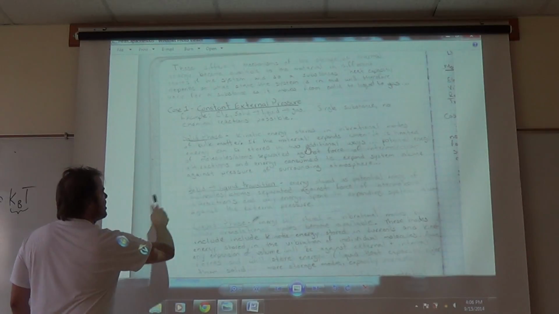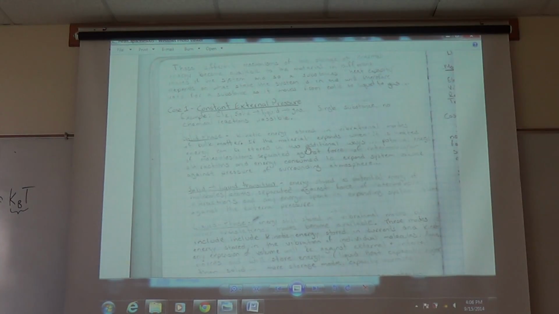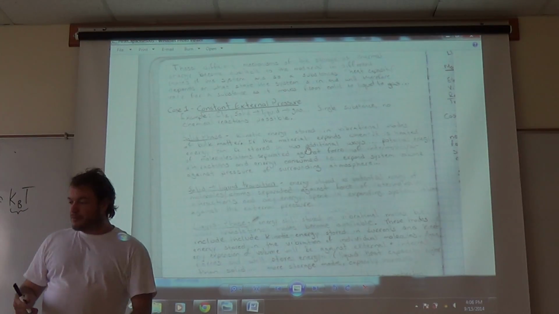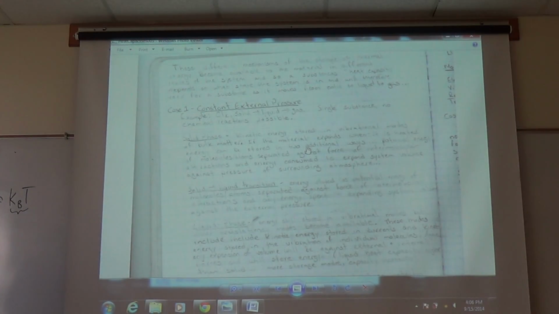From the solid phase, the next step that we get to is the solid to liquid transition. Solid to liquid transition is another example of separating things against their intermolecular forces. In the solid phase, you've got strong intermolecular forces. If you're going to want to break them apart, you're going to have to put energy in, and so there's energy consumed in moving from the solid to liquid.